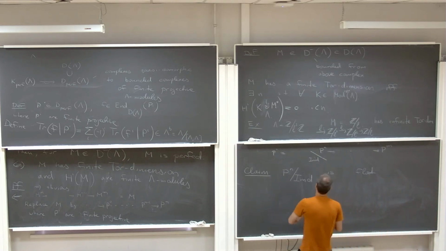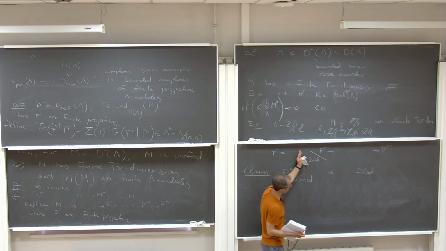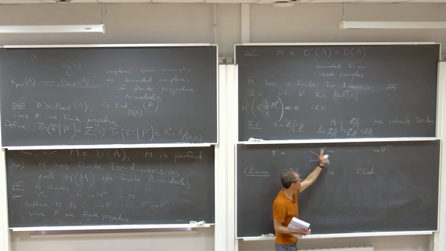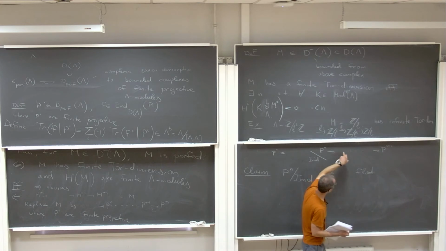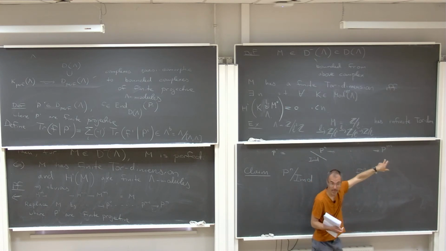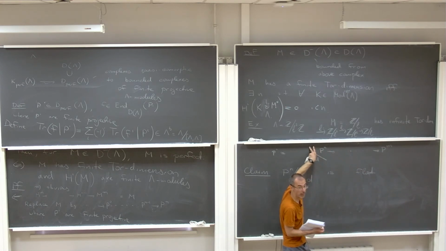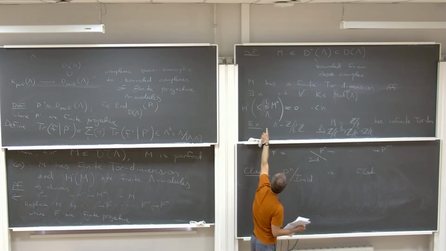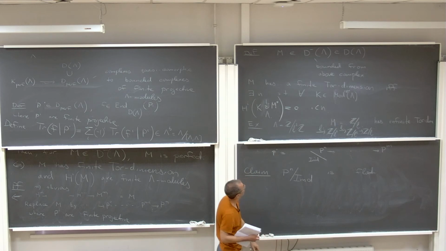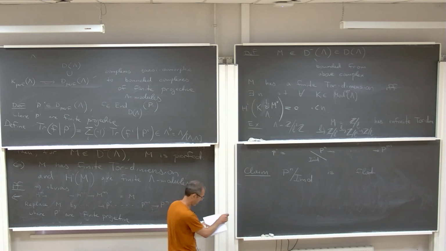So again, M is quasi-isomorphic to this complex of finite modules where all terms are projective, except maybe for this last one, and n is chosen from the finite Tor dimension condition.